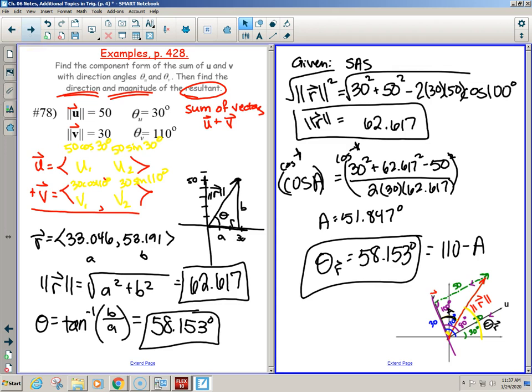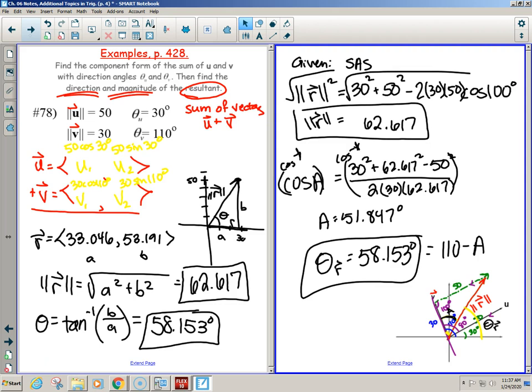But the dealio is, to be honest, guys, there usually aren't just two forces in action. There could be 3 or 4 or 5. And imagine having to go 1, then 2, then 3, then 4, then 5. If you connect that, is that a triangle anymore?